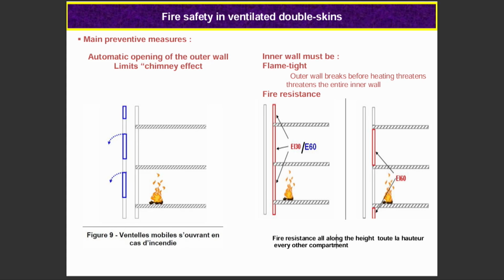We were also thinking, but we didn't develop it, of something that could open the double skin, so leave air crossing the PV facade. Like this, if you leave air crossing the PV facade, it neutralizes the chimney effect. So we didn't develop that, but it could be a solution.